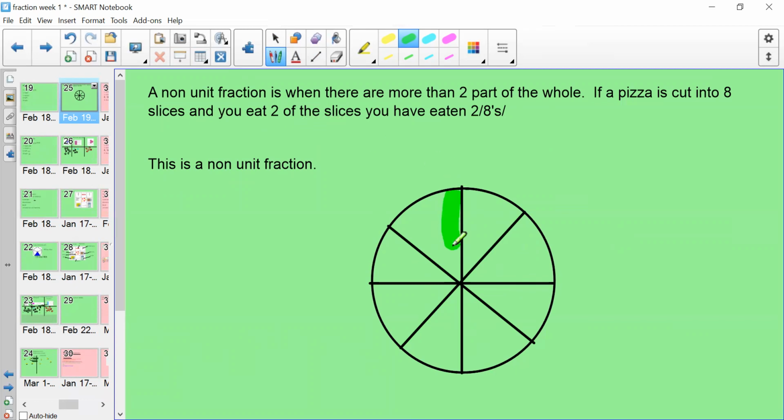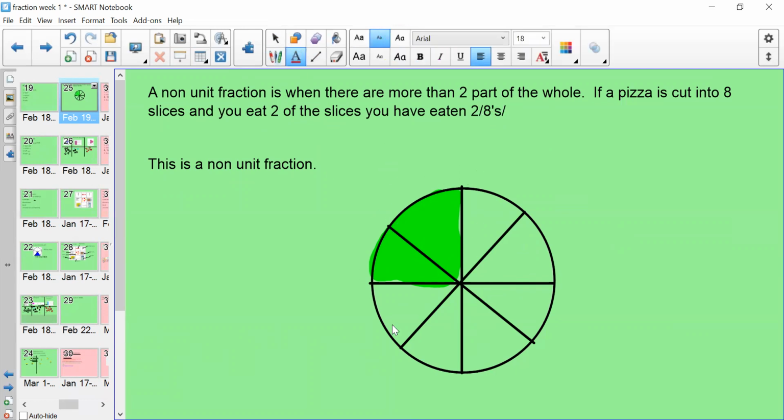So if we had to color in 2 slices that we're going to eat, that's 1 slice, and that's 2 slices. Okay, we've eaten 2/8 of our pizza. So this is a non-unit fraction. When more than one part has been shaded, it is a non-unit fraction.